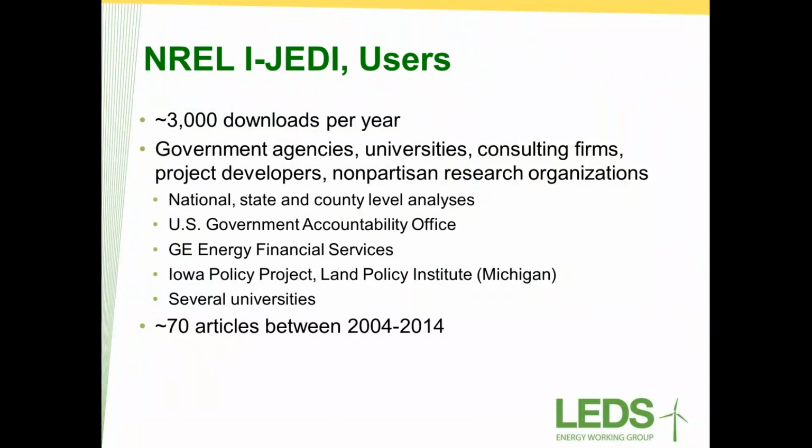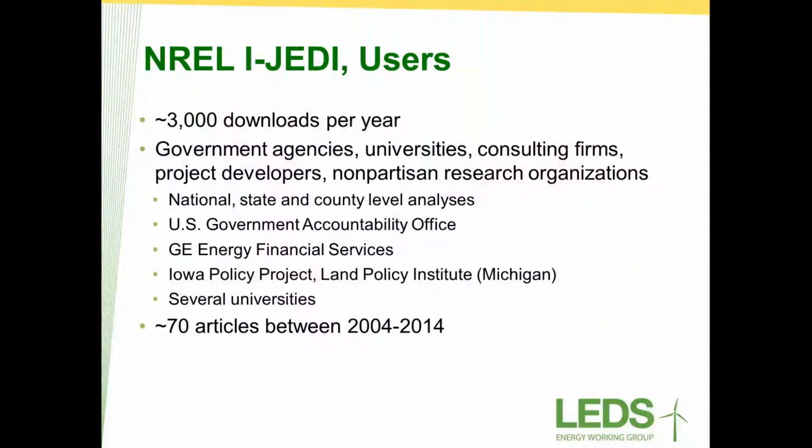This model is very popular. We average about 3,000 downloads per year. And when you download the model, we'll ask you for your email address, and this is just to have statistics of who our users are.